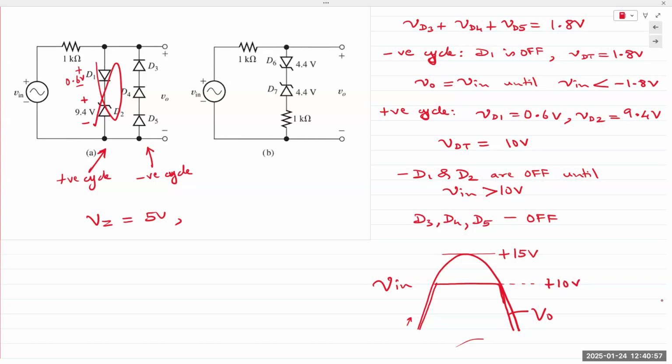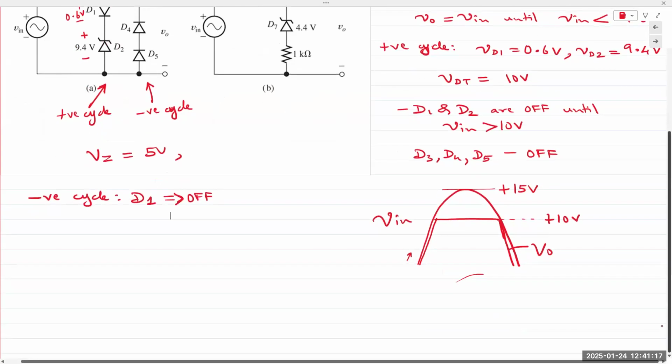Okay. So for the negative cycle, D1 is off. So the voltage level of the Zener diode does not matter. So the left branch is irrelevant. On the right side, the circuit would look like this.